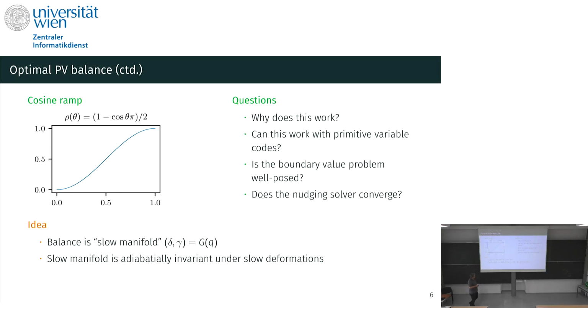And the idea is that slow manifolds are adiabatically invariant under slow deformation. That means if we change the equations a little bit slowly in time, then whatever is propagating on the slow manifold or approximately close to it keeps being on the deformed slow manifold.